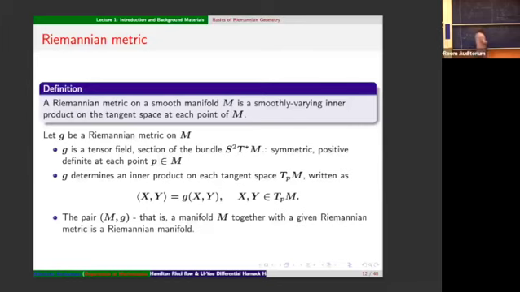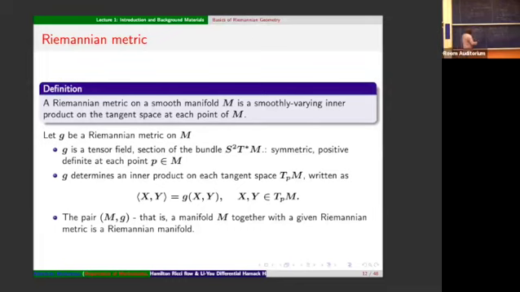By positive definite, G_P(X, X) is greater than or equal to 0 at each point P. So this is what we have there.